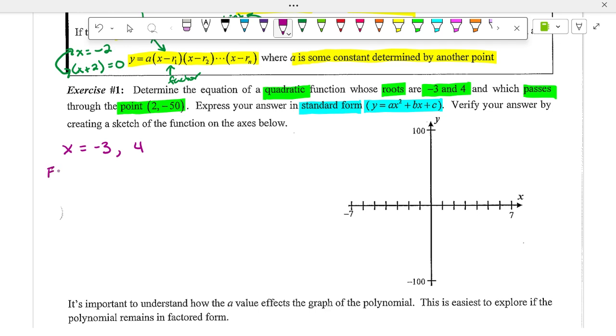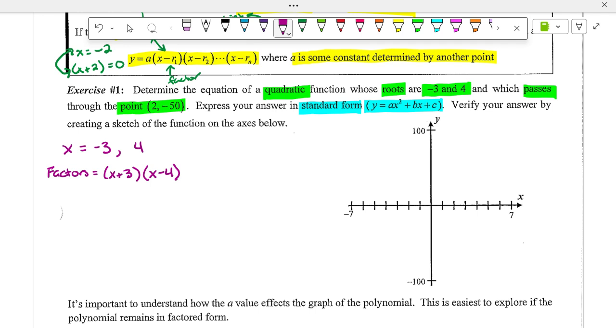So if we get factors from those two, all right, what is the factor for -3? Can I rewrite -3 as a factor? X plus 3. Good. How can I write 4 as a factor? X minus 4. Good.